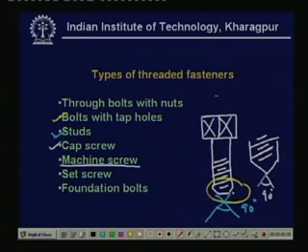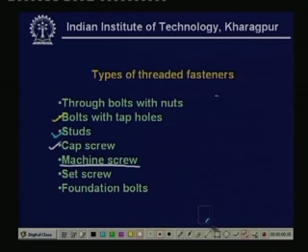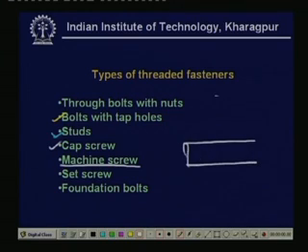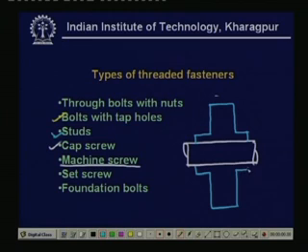Now what is the purpose of that? That is very easily seen if you draw two shafts which are connected together. So let us consider one shaft and maybe another disc. And we insert a set screw over here.